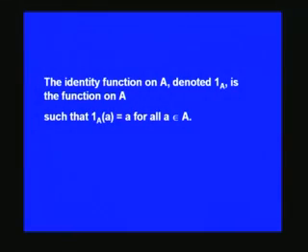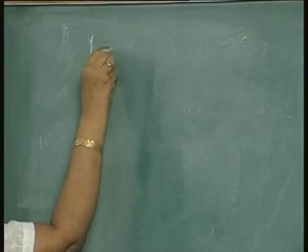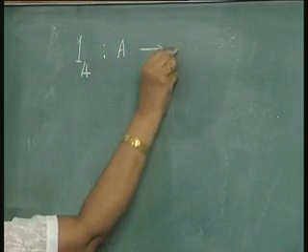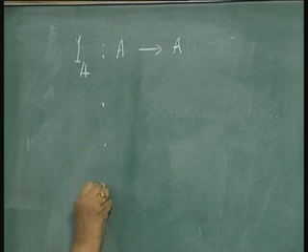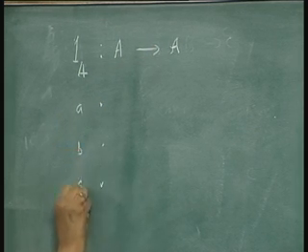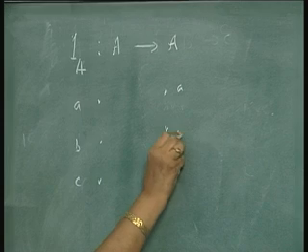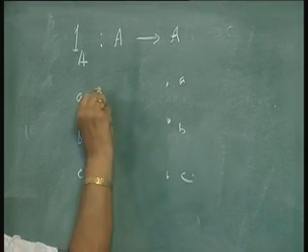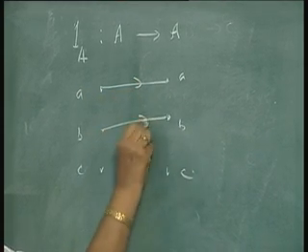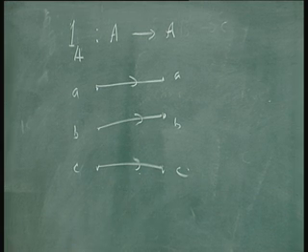The identity function 1_A is a function on A, that is here B is the same as A. So, the identity function, which is denoted by 1_A, is a mapping from A to A. If you have a, b, c and a, b, c, a will be mapped onto a, b will be mapped onto b, c will be mapped onto c.